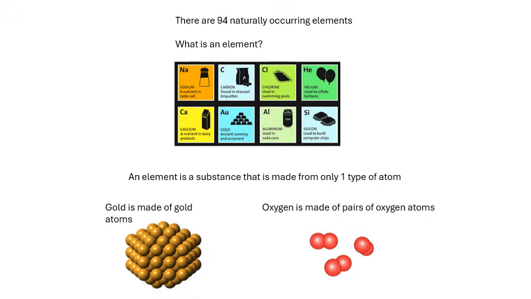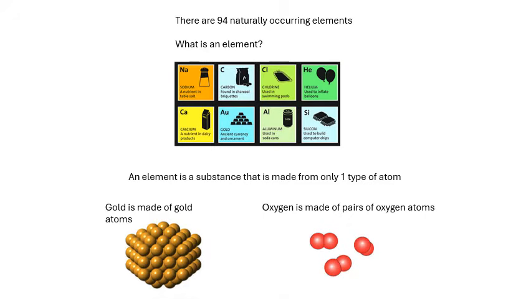And an element, such as gold, is made of gold atoms. Lots and lots of gold atoms and nothing else. Oxygen is made of oxygen atoms. They happen to be stuck together in pairs, so it's actually oxygen molecules, but it is just one type of atom. Aluminium is made of aluminium atoms.